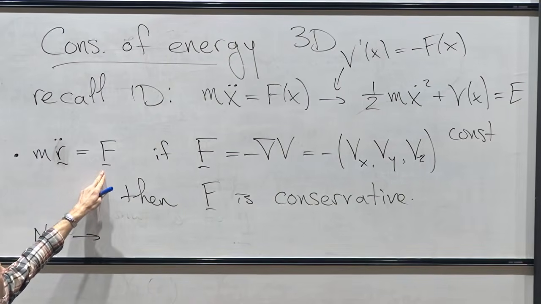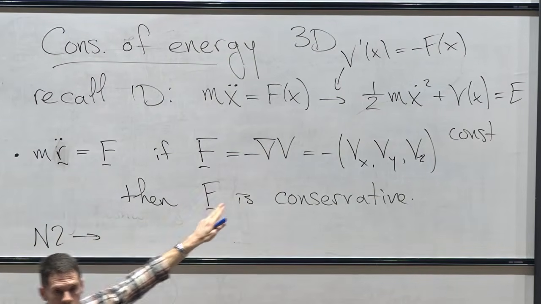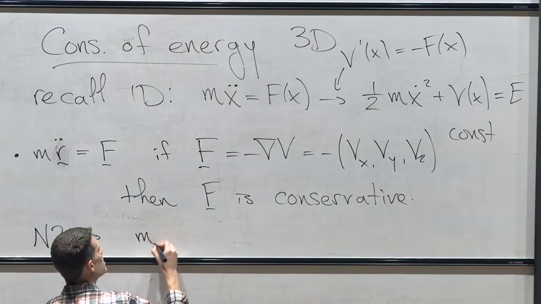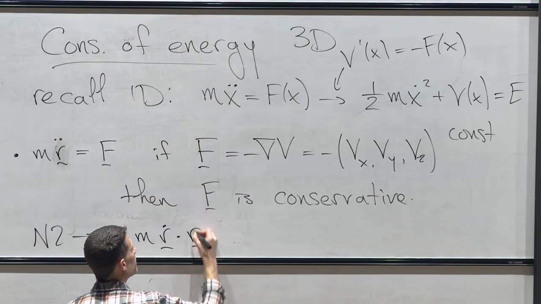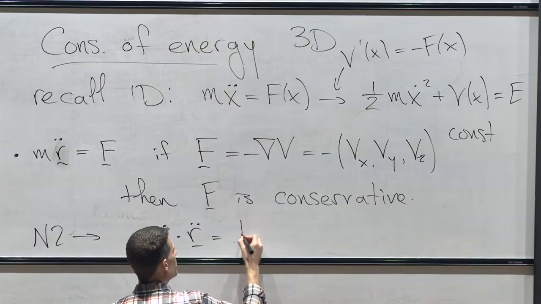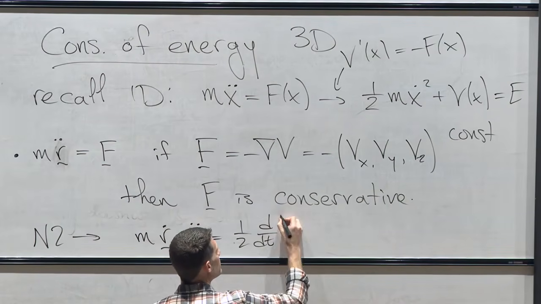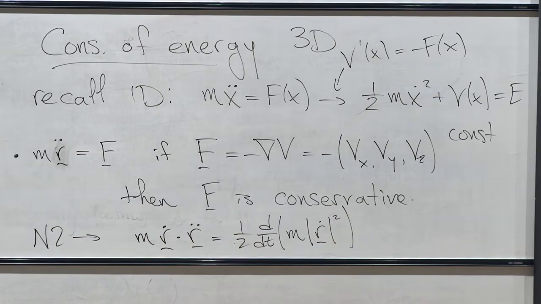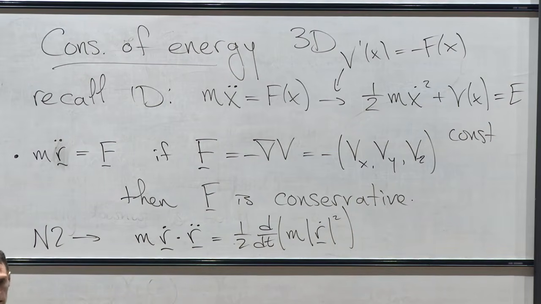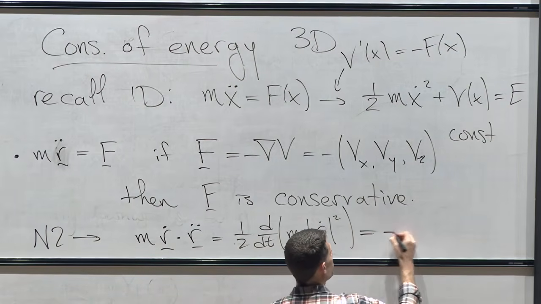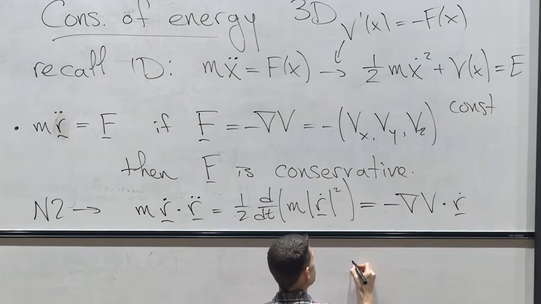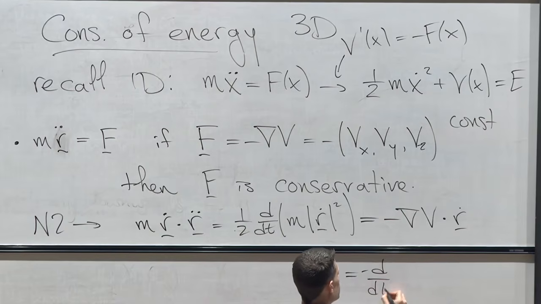And f dot r dot, which is minus grad V dot r dot, is minus d/dt of V.